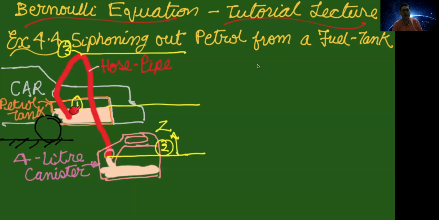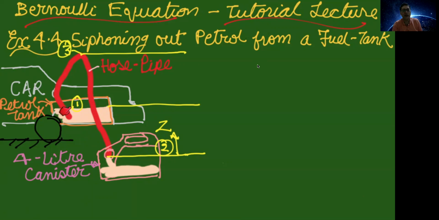This point 1 which we are considering is at the free surface of the tank. Similar to the canister, here at the free surface of the petrol inside the tank, the pressure is atmospheric. The elevation Z1 is given to you in this problem, which I'll present later.